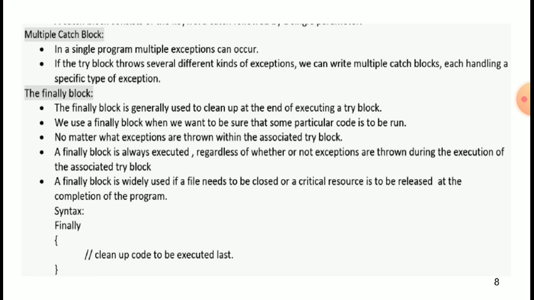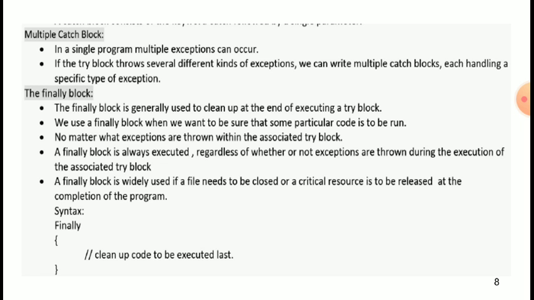The finally block is generally used to clean up at the end of executing a try block. We use a finally block when we want to be sure that some particular code is run, no matter what exceptions are thrown within the associated try block. A finally block is always executed regardless of whether or not exceptions are thrown during the execution of the associated try block.